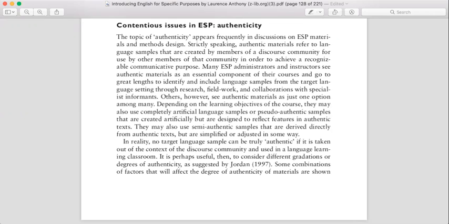So the first contentious issue, and the biggest one also, is about the authenticity. How can you keep the sample authentic? How can you just keep it in context? Because as soon as you take that out of the context, you lose the authenticity, and the sample becomes a little artificial, okay?